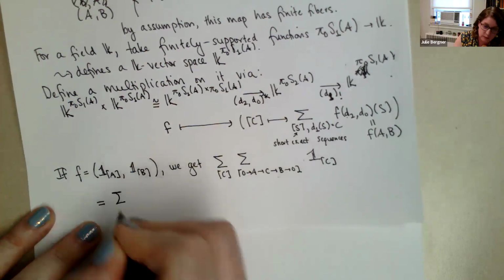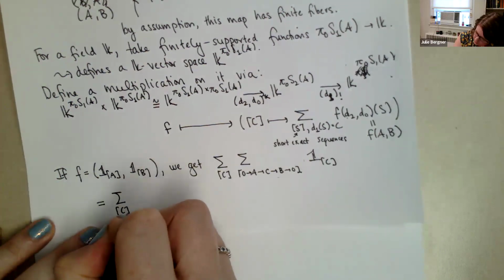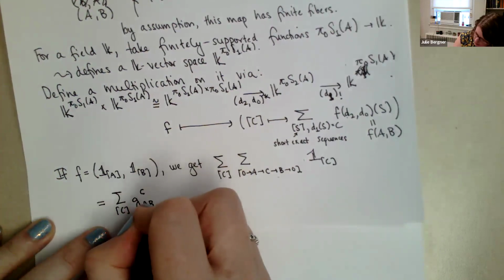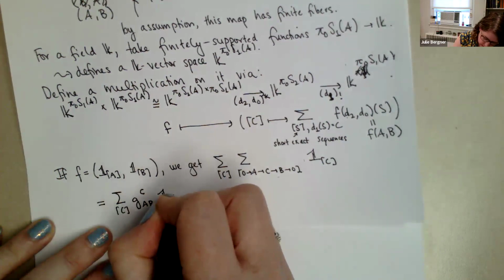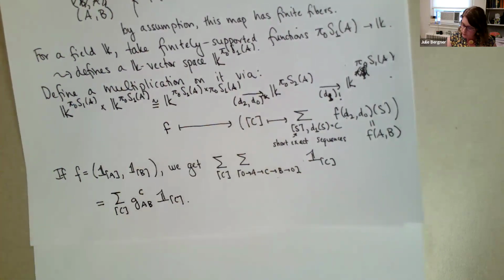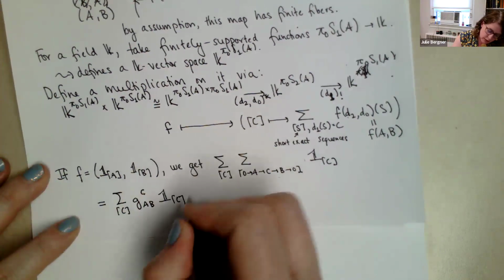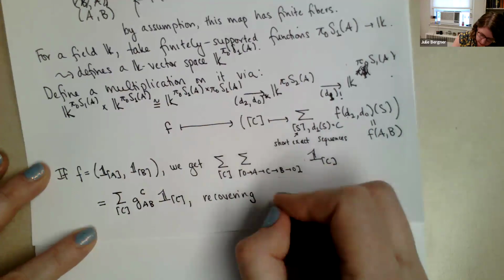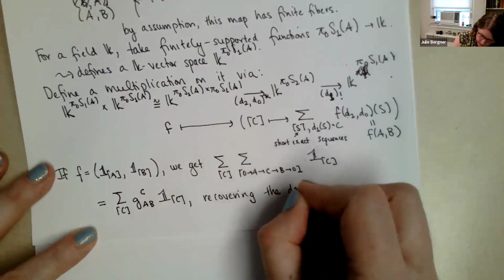So this should just be the sum over C of G_{AB}^C, that's your coefficient, times the characteristic function associated to C. So this recovers effectively the definition above.